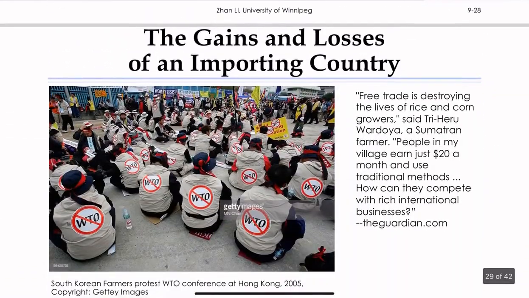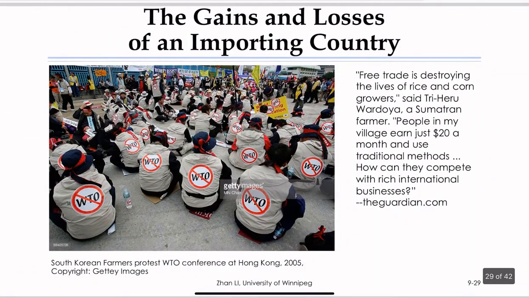Okay, I actually have a cute picture here, right? You can see that South Korean farmers protest at the WTO conference in 2005. Again, farmers are essentially producers, right? So I guess the world price is lower compared with the domestic price in South Korea, right?